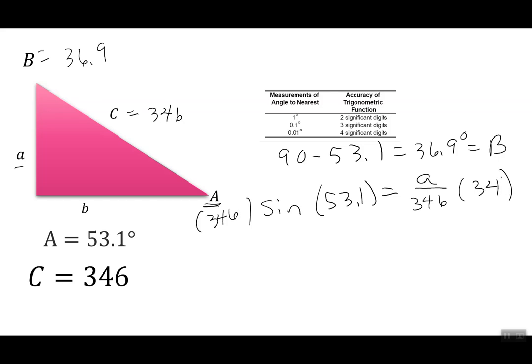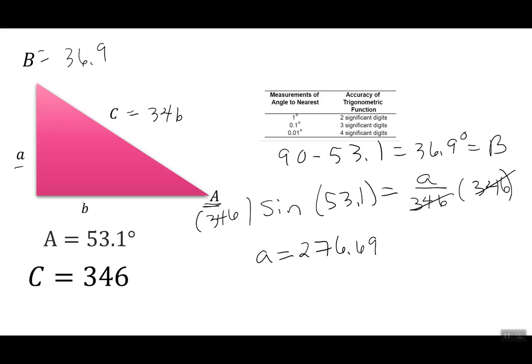So I'm multiplying both sides by 346. Grabbing my calculator and saying 346 times the sine of 53.1 gives me that A is equal to 276.69. Let's stop there.